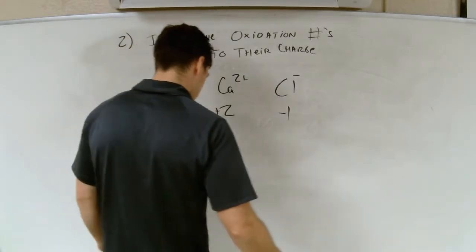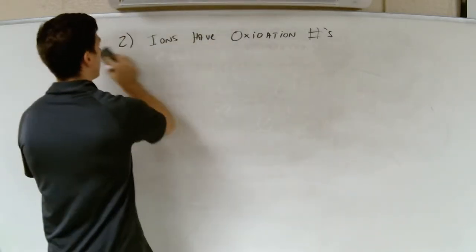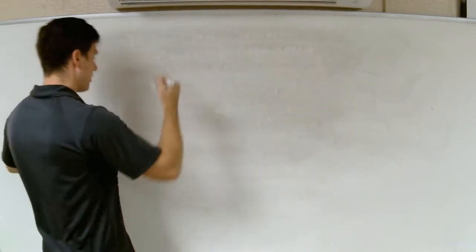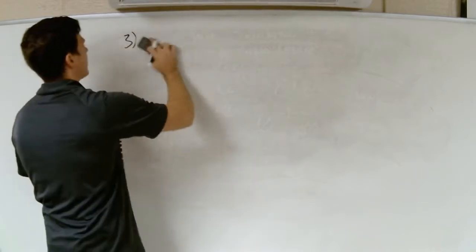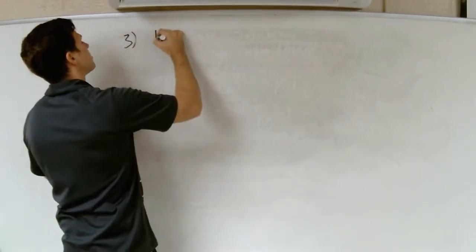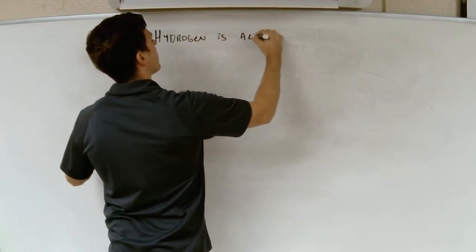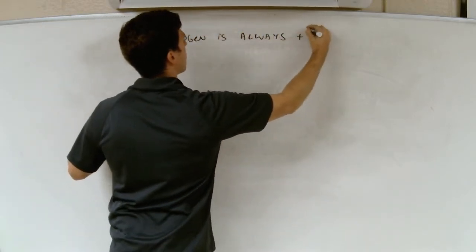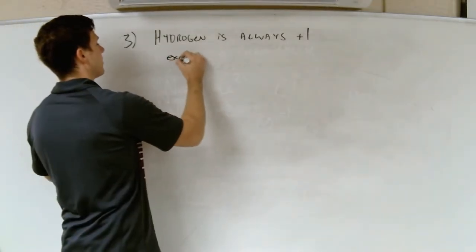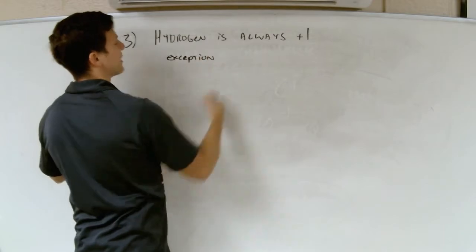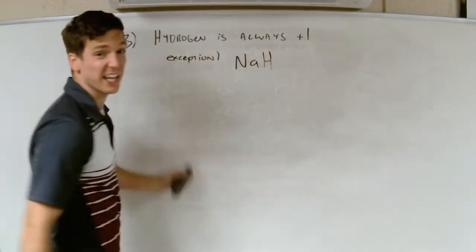But rule 3. Hydrogen is always +1. There's an exception, and that's when it's a hydride, like NaH.